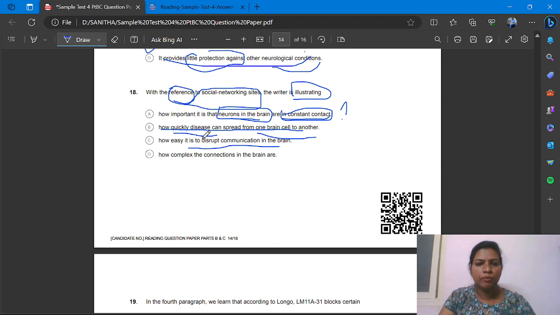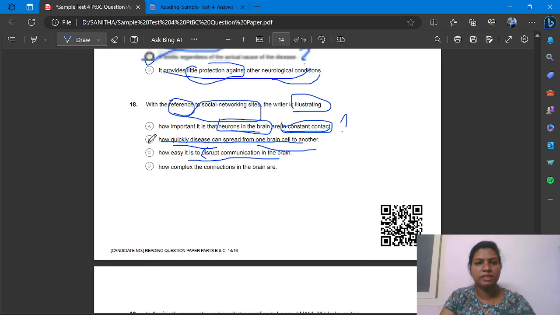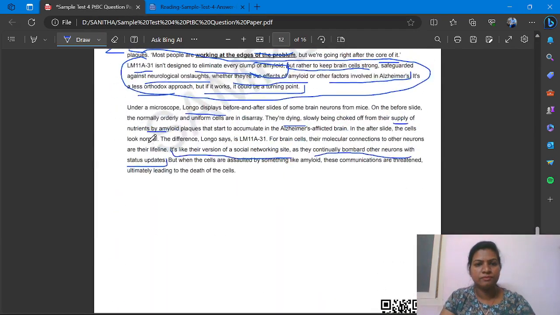Next option: how easy it is to disrupt communication in the brain? Is it saying that communication is disrupted easily? Compare that with how they continually bombard.